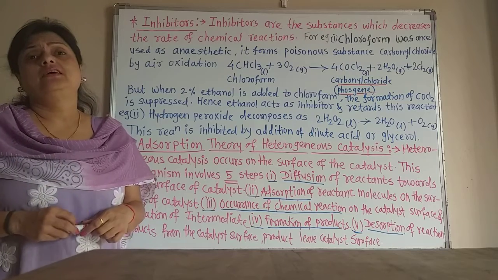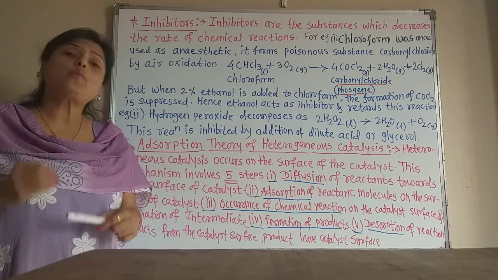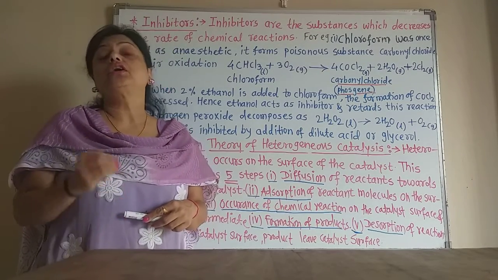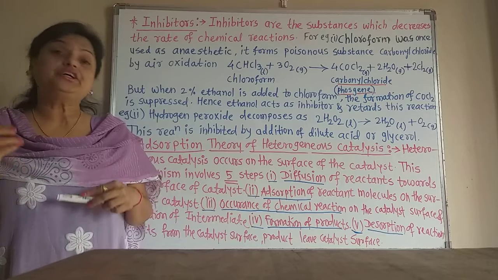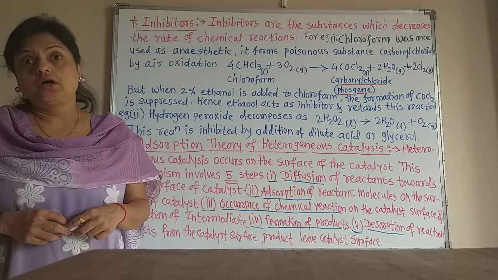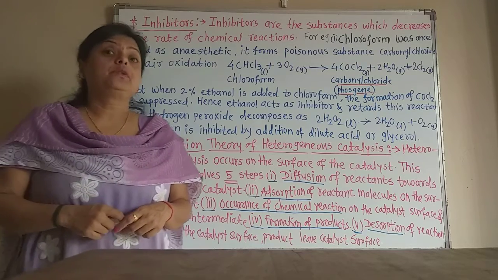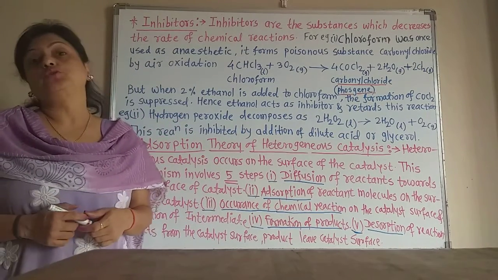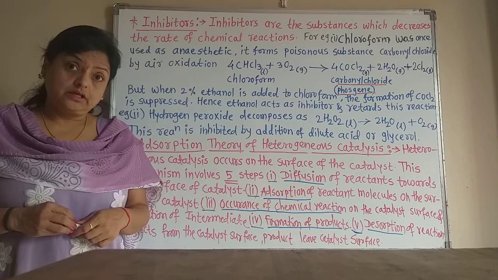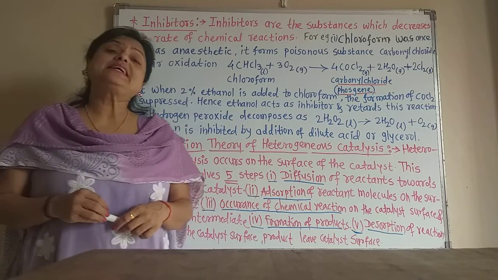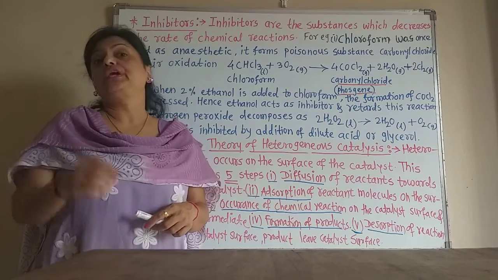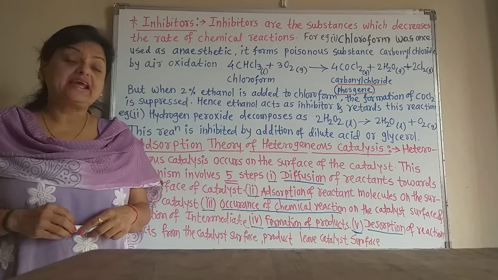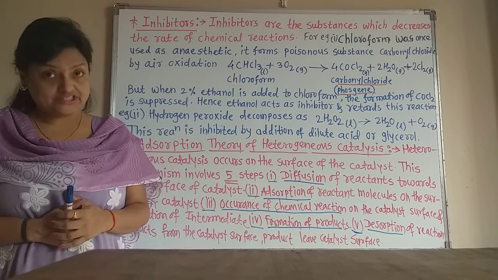To avoid this, chloroform is always stored in an amber colored bottle with a tight cork, due to which there is no contact of oxygen with the chloroform. But if we add 2% of ethyl alcohol into that chloroform, it cannot react with the air oxygen, and there is no formation of the phosgene gas.